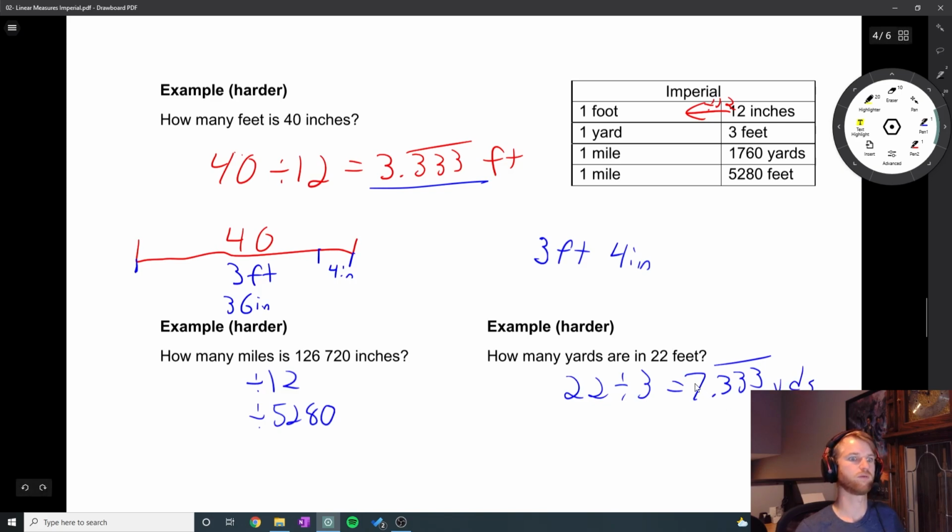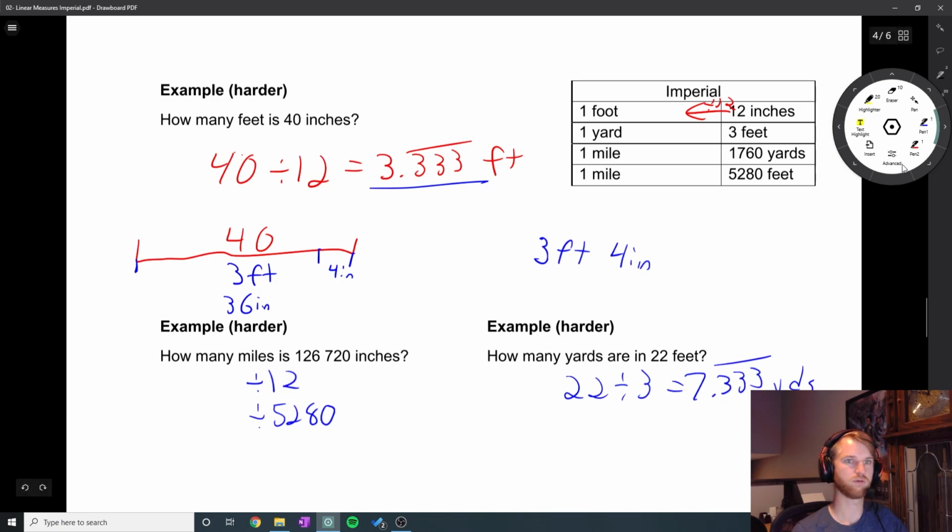by saying, well, this decimal number is what we don't like. How could I turn that back into feet? Well, my 7 yards, how many feet is that? 7 times 3 would be 21, and I've got 1 foot left over. That 1 foot, it's like my remainder. That 1 foot left over, that's where I'm getting this 0.33.